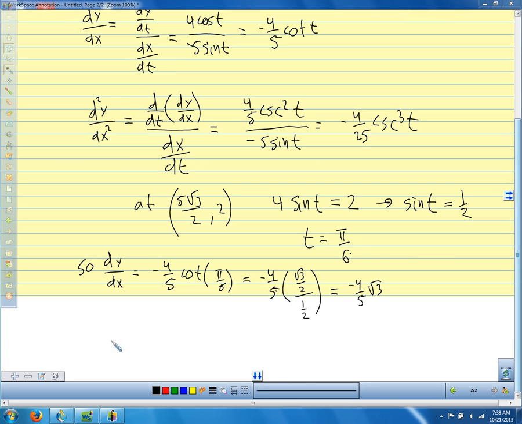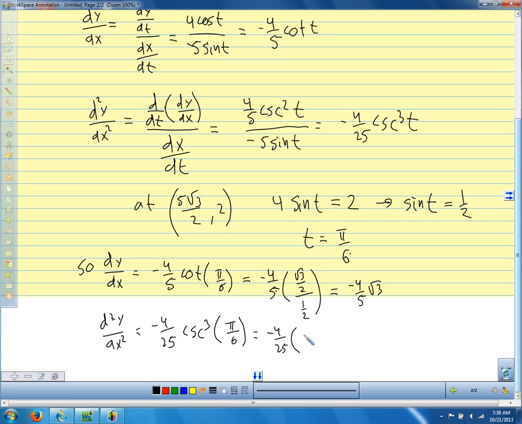And now we can find our concavity, our second derivative, d squared y dx squared equals minus 4/25 cosecant cubed of pi over 6, equals minus 4/25 times cosecant of pi over 6, which is 1 over the sine of pi over 6, and the sine of pi over 6 was 1/2.